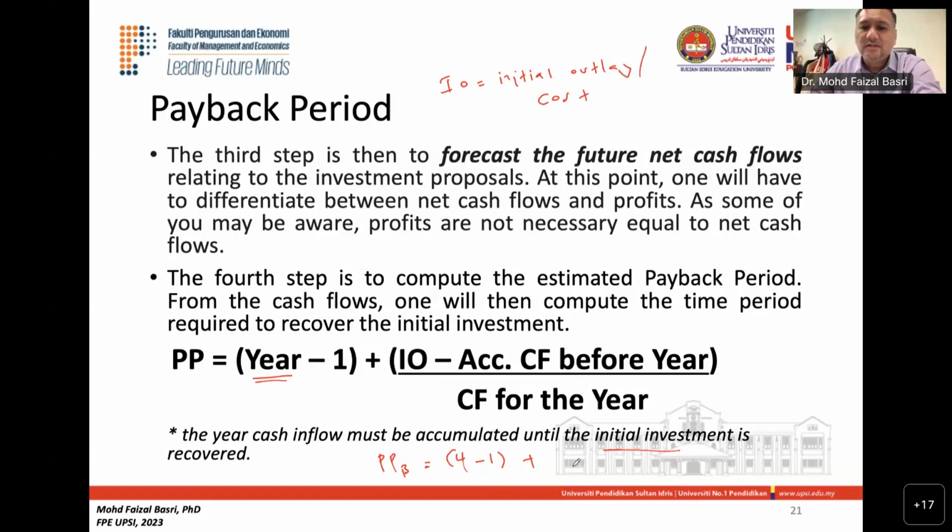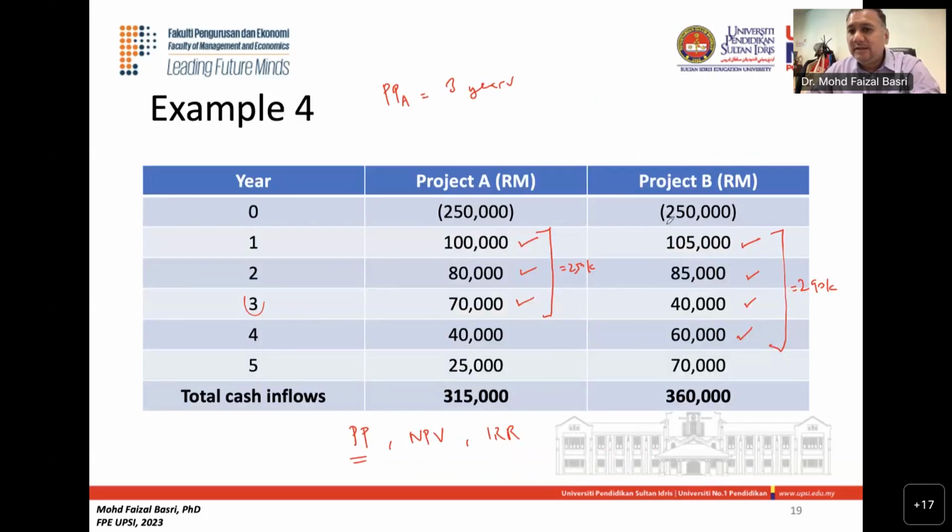So the cost just now is 250,000. Even though they put it here as negative or in brackets, it doesn't mean it's a negative investment. This is just to indicate that it is an outflow. As an investment, you need to fork out 250,000 ringgit. So that's the cost for you. So you put 250,000 here without the brackets.